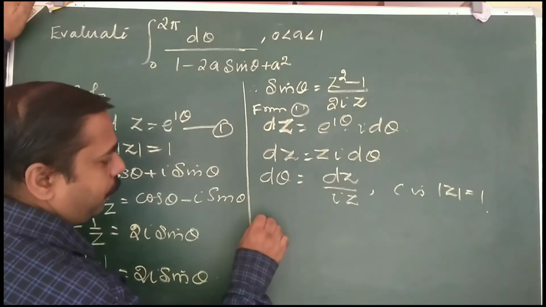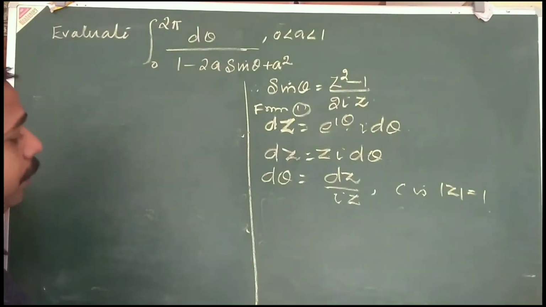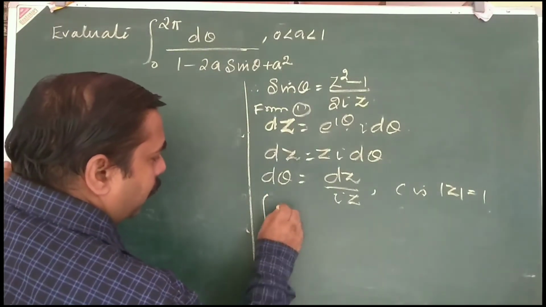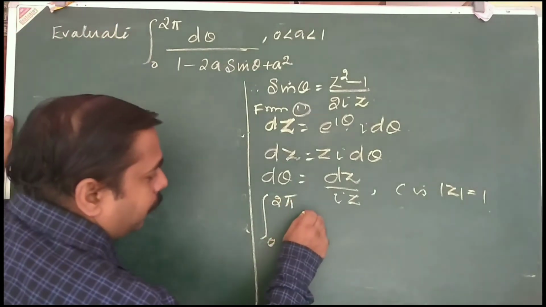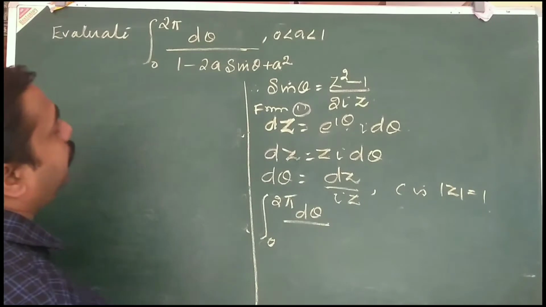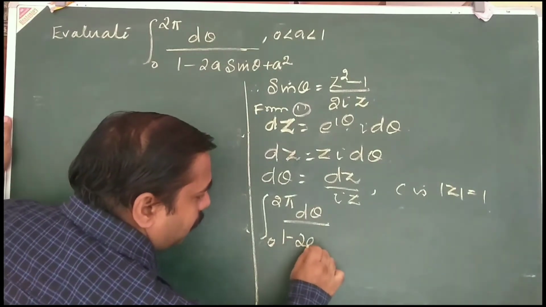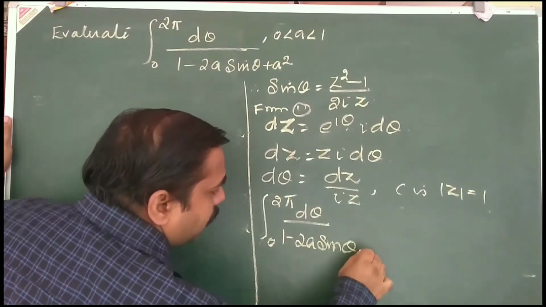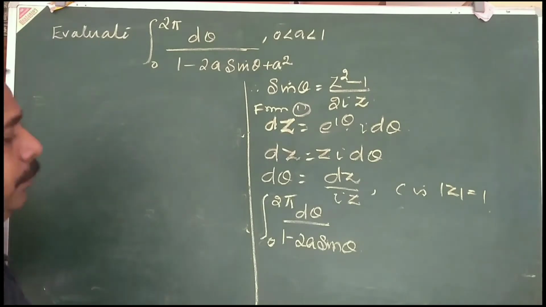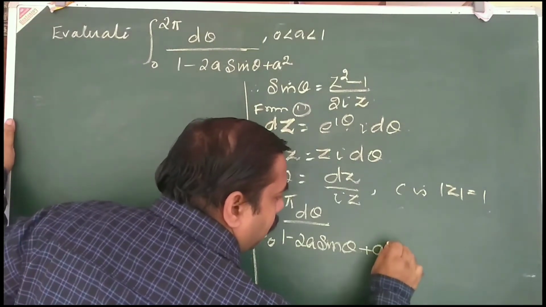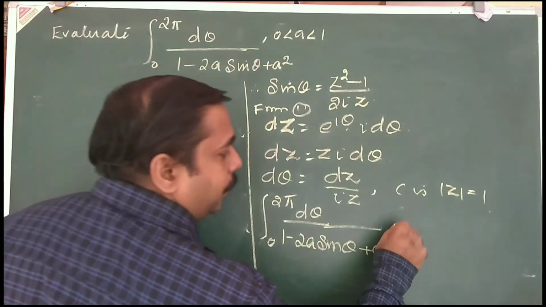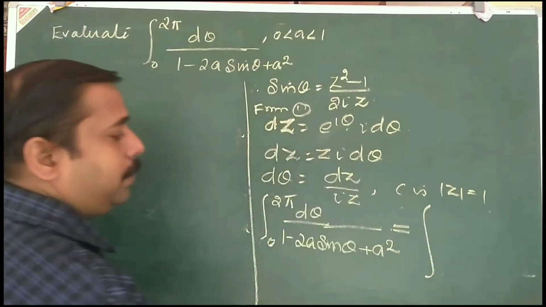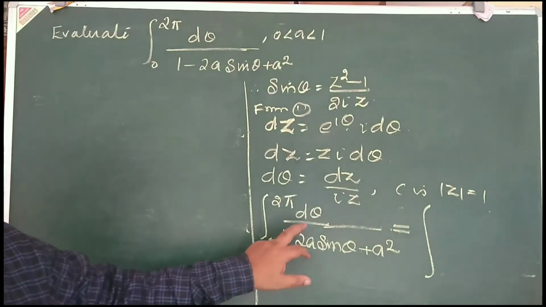Integral from 0 to 2 pi, d theta by 1 minus 2a sin theta plus a square. So now we substitute all things.